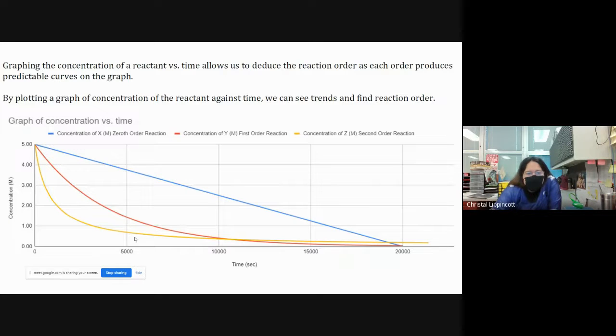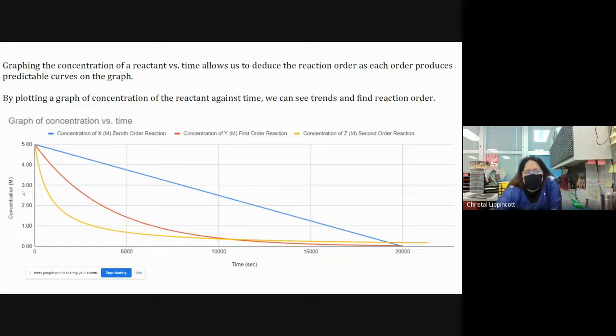If we have a graph with concentration on the side and time here, then we would end up with a straight line for concentration versus time for a zero order reaction.